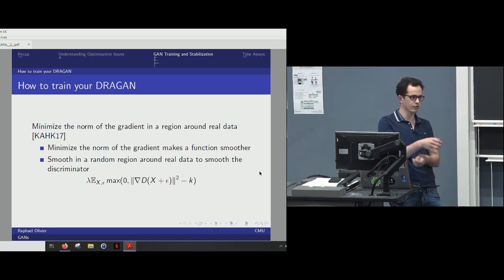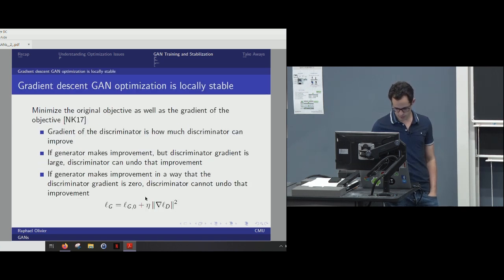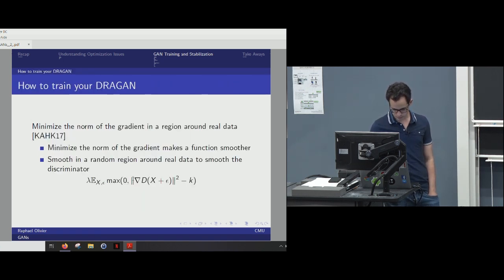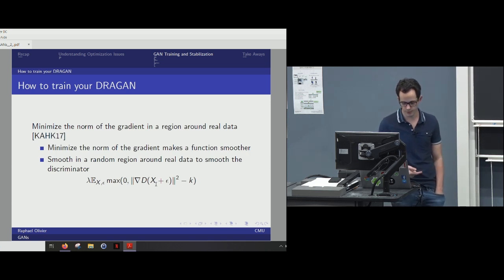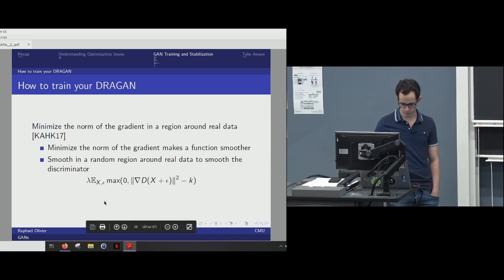So you learn to overfit on this. And if you want this technique to work better, you need to make the norm of the gradients small, not just at those specific points, but in a region around these points. So the regularization term that they use is not just the gradients like here. It's the expectation of the gradient sampled on the ball around that point, plus a bunch of terms that regularize this whole thing.